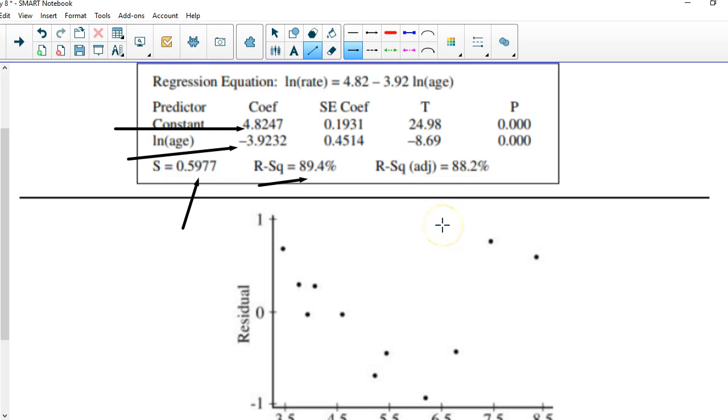If you're dealing with any kind of inference, here's your standard error. Now remember, they've already divided by the square root of n there. So if you're going to make an interval for the true slope, you take your slope right here, plus or minus a t star with the degrees of freedom that you're dealing with, times your standard error to get your interval.